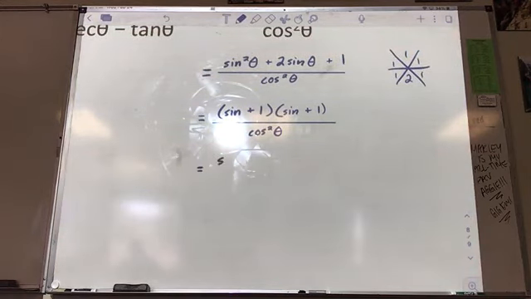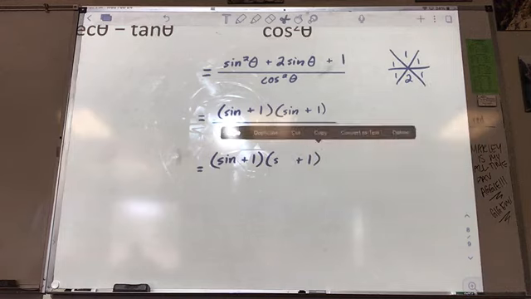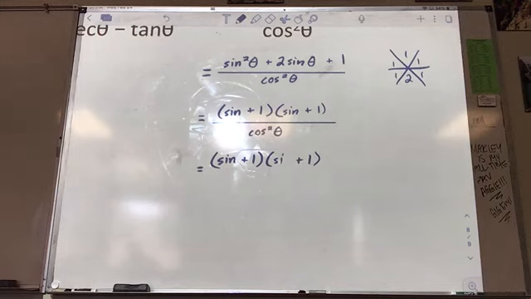So on the top, we have a sine plus 1, sine plus 1. On the bottom, we have a 1 minus sine squared. Okay, this is where you're going to have to pull something out of your memory.